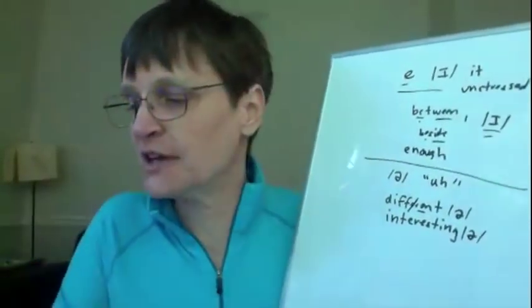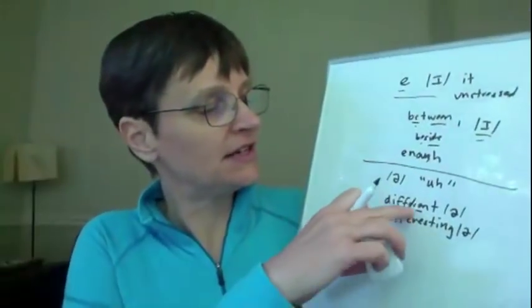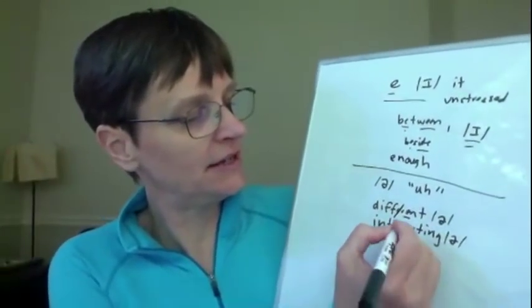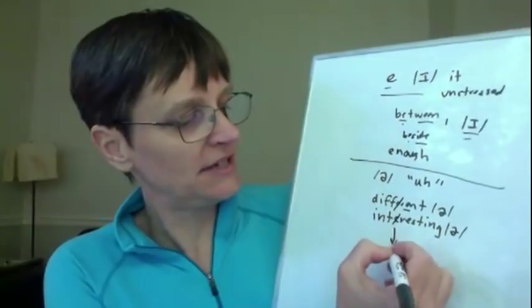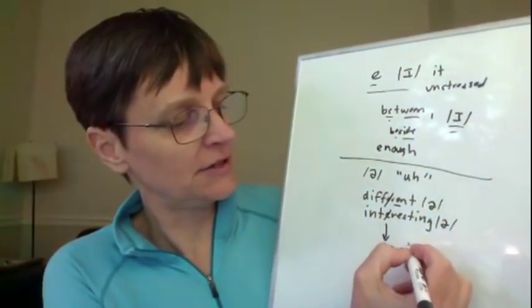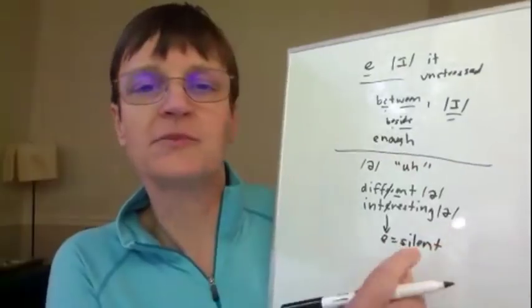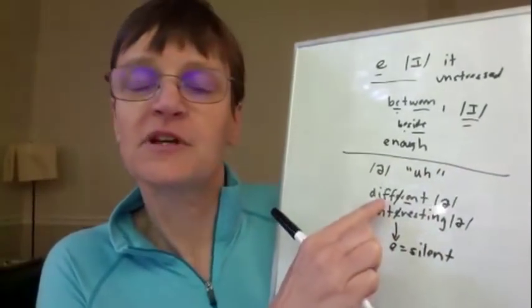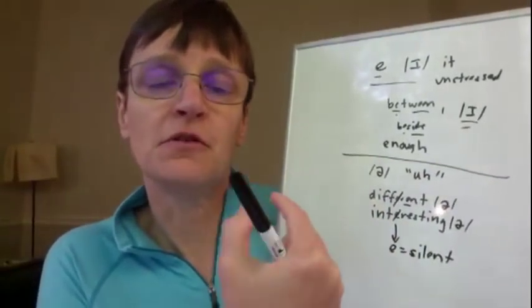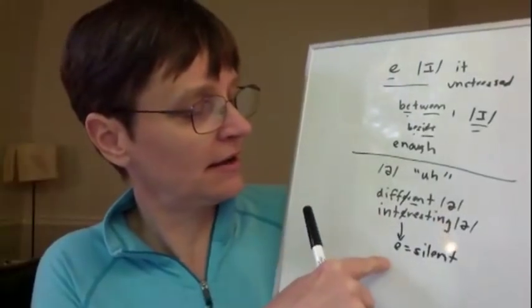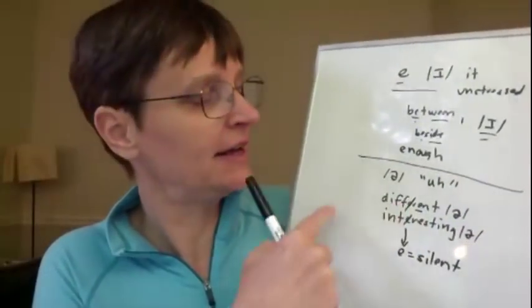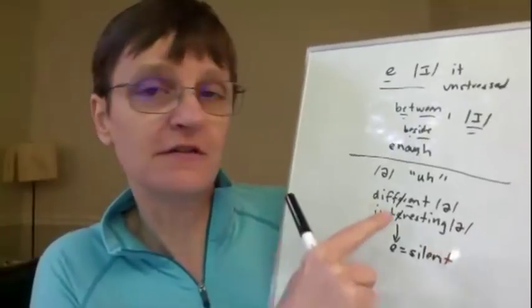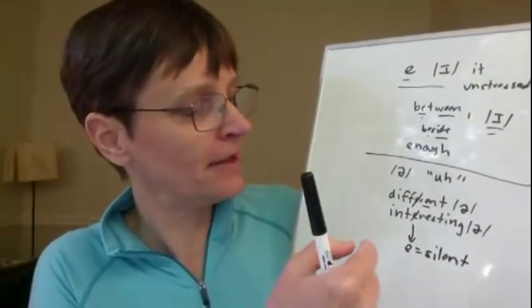And then, of course, in addition, we noticed that in different and interesting, those E sounds are silent. So there's sometimes an E present in the word that makes you think you should be saying an E sound or some vowel sound, and actually we don't say those. We say different, not different.